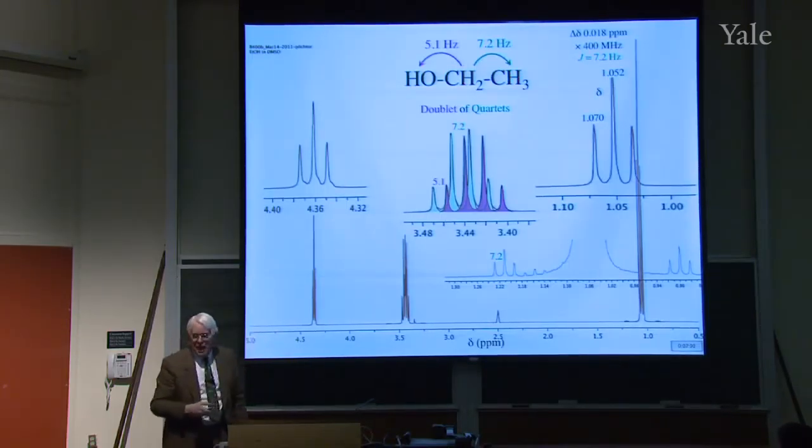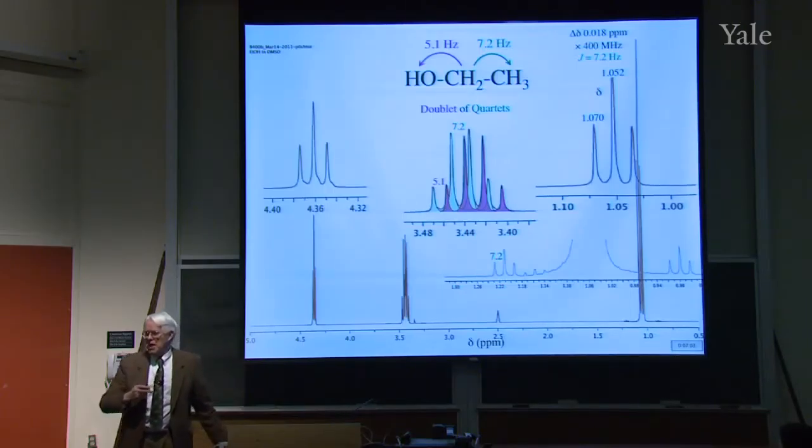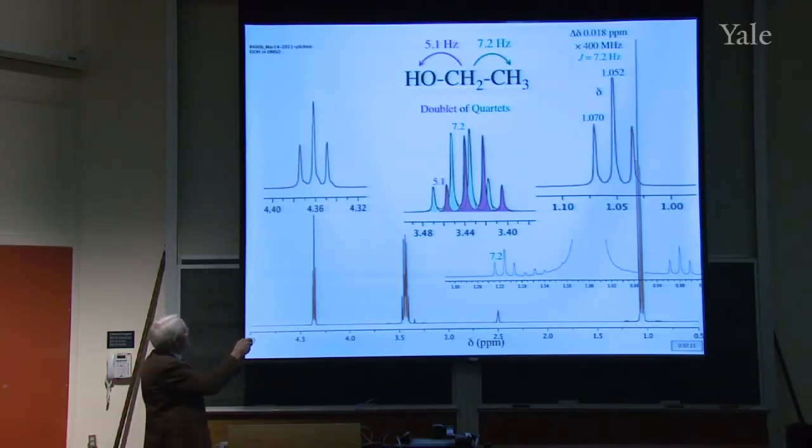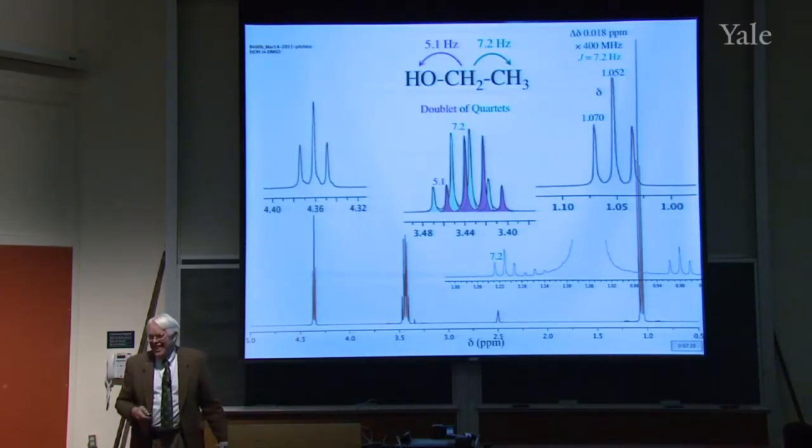It's being split by that, but there's something else that's splitting it. What else could be splitting it? There's another magnetic nucleus. It can't be this H out here because that's so far away it would have a minuscule effect. This is an enormous effect, this doublet splitting. Any ideas? It's sort of related to this one, actually.